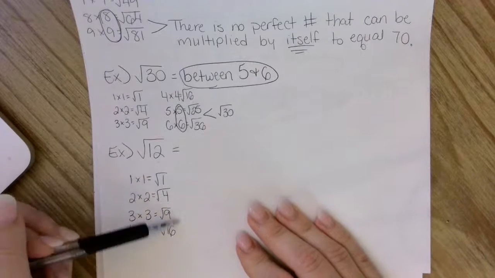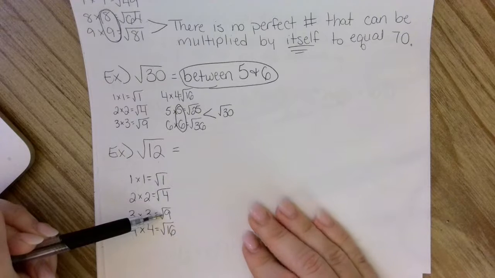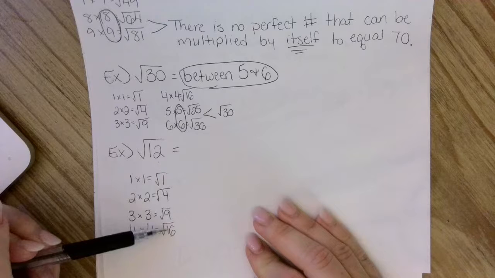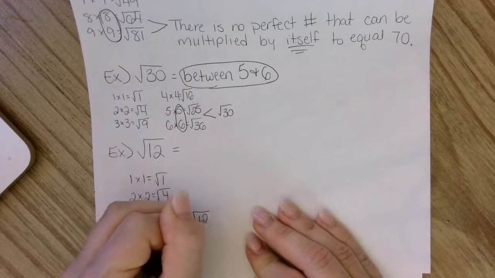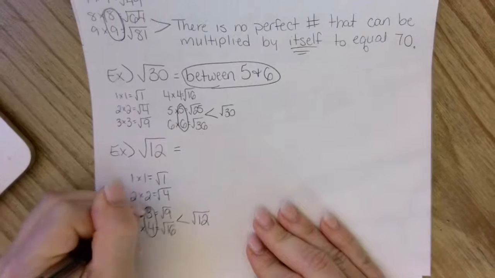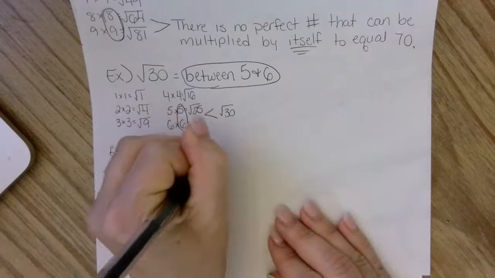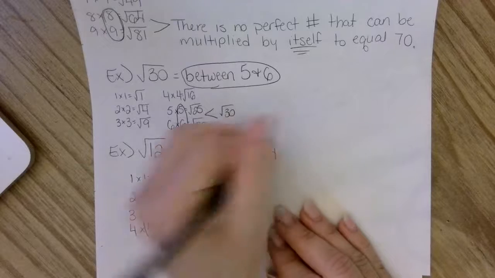Do you see a square root 12 on any of these lists? No. But 12 is in between 9 and 16. So that means that my answer is between 3 and 4. And that's it.